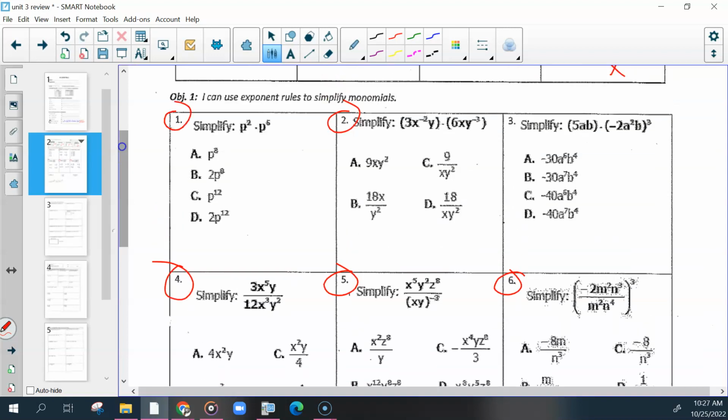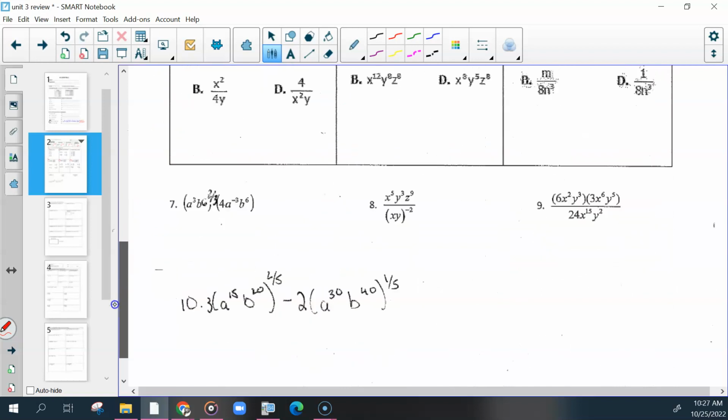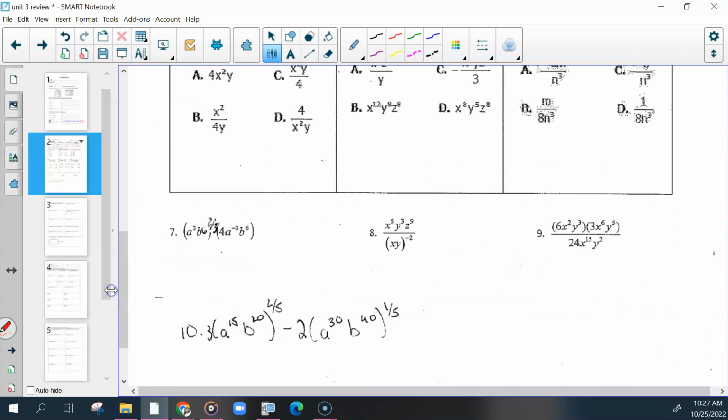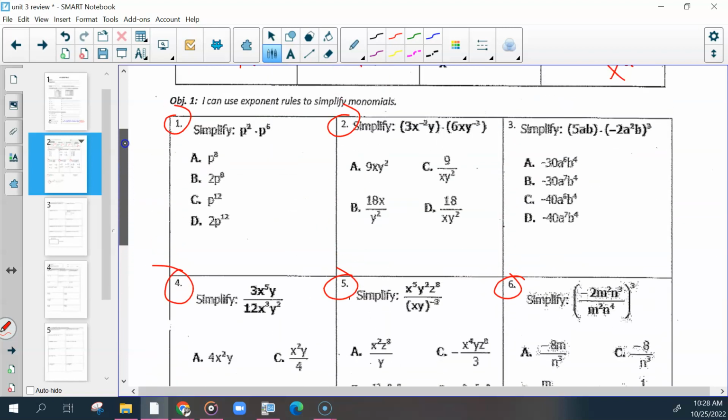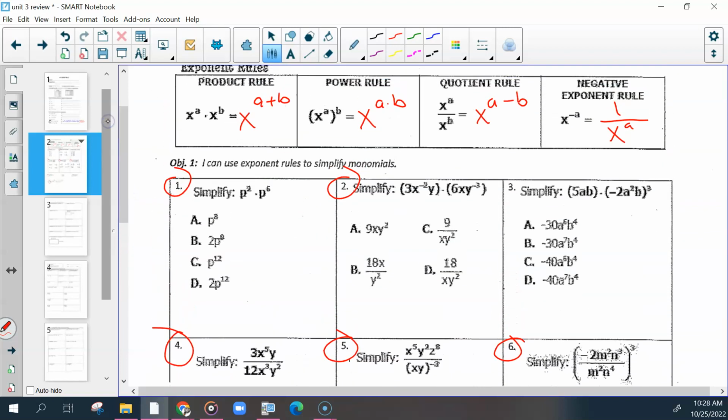We got 1, 2, 4, 5, 6. You good on 7, 8, 9, 10? 10. Lily? 7. I think this is a good amount. Did you have one? 9. Okay. So once we get through those, then we'll move on. And you probably won't have time to do all of that before lunch, but that's okay.